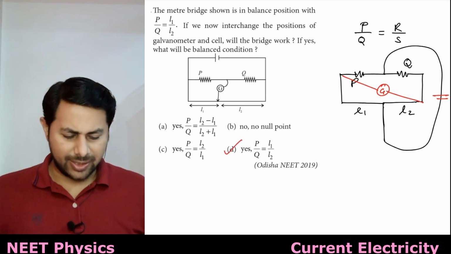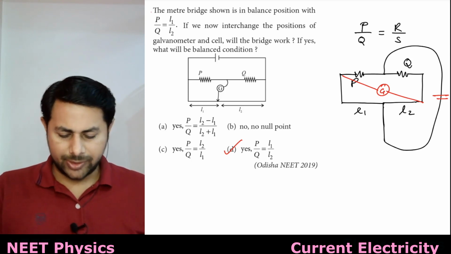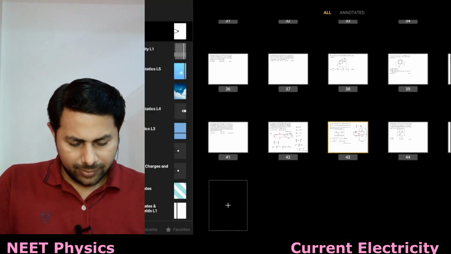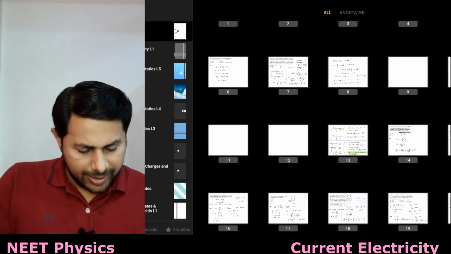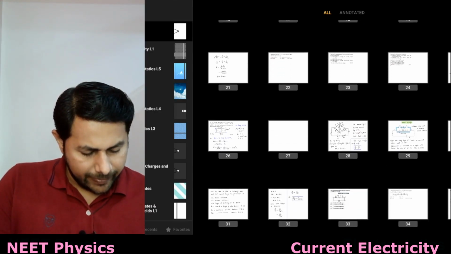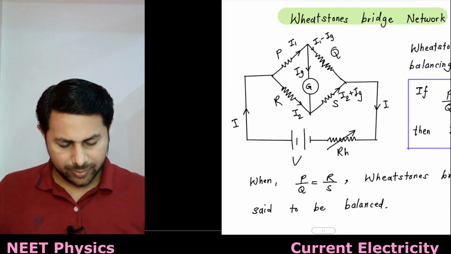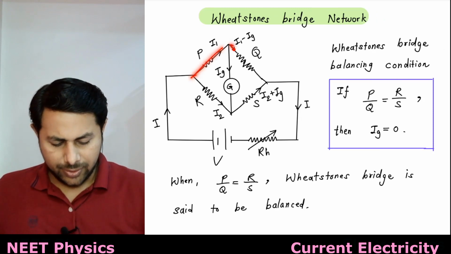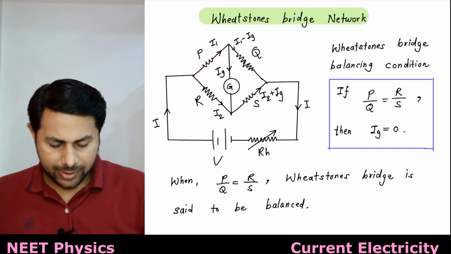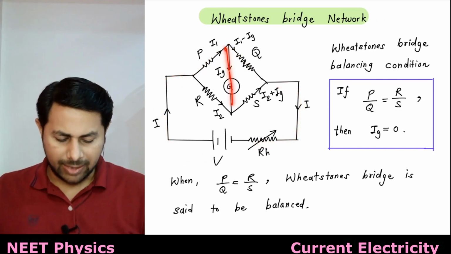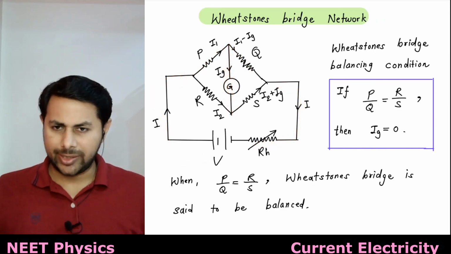What you are doing is, suppose you have a bridge network. Let me explain it this way. This is your bridge network. If you interchange the galvanometer and battery, so if you connect the galvanometer in this branch, what condition do you have?